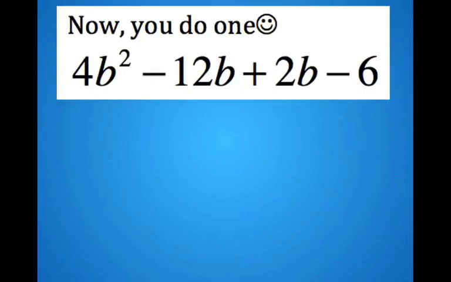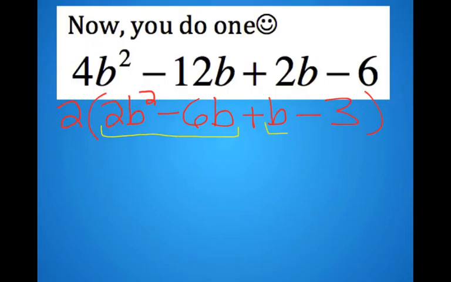And the last one I'm going to do is this one here. Now this one actually has a GCF, so if you look at these four terms, they actually have a 2 in common, so we'll take out a 2, and then let's see what's left. So it'd be 2b squared minus 6b plus b, and then minus 3. And then with the remaining four terms, we're going to go ahead and do grouping. So the first two will have something in common, and the last two might have something in common.